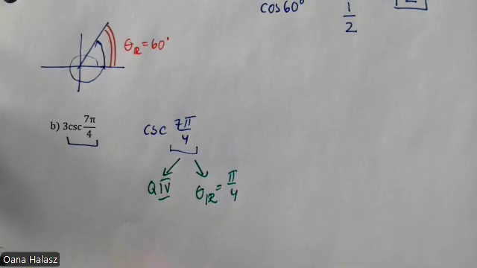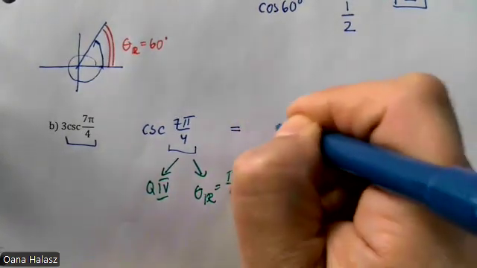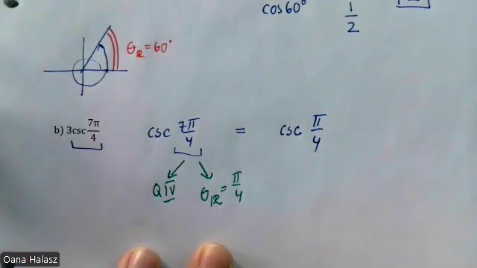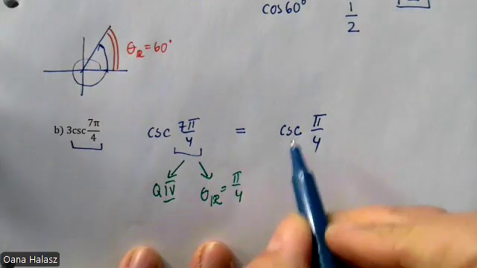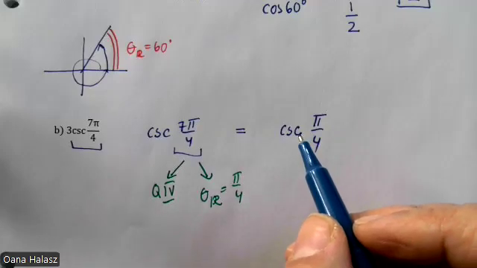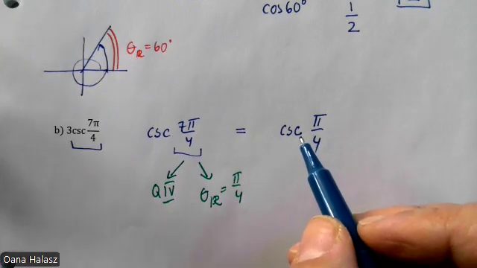So now we are saying that cosecant of 7 pi over 4 will be the same thing as cosecant of the reference angle. So we put that there. But the values of cosecant are going to be the same sign as the value of its reciprocal, like sine. So based on the CAS rule, sine values, are they positive or negative in quadrant 4?